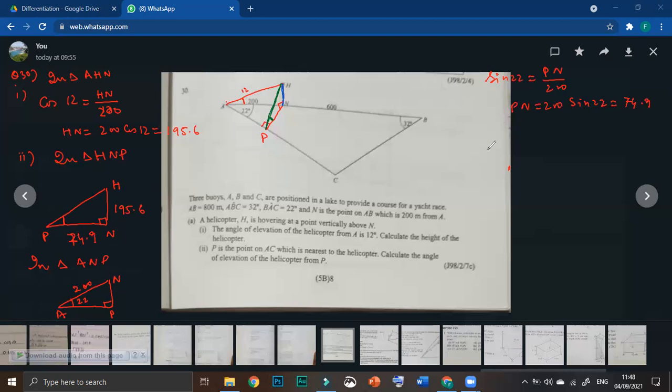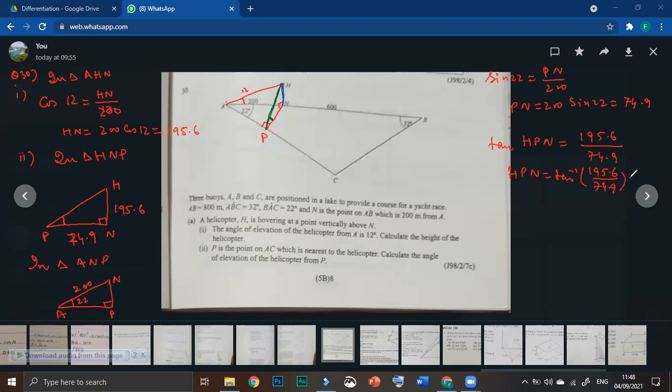Now we will use tan HPN equals 195.6 over 74.9. So what is the final answer? HPN is equal to tan inverse of 195.6 over 74.9.